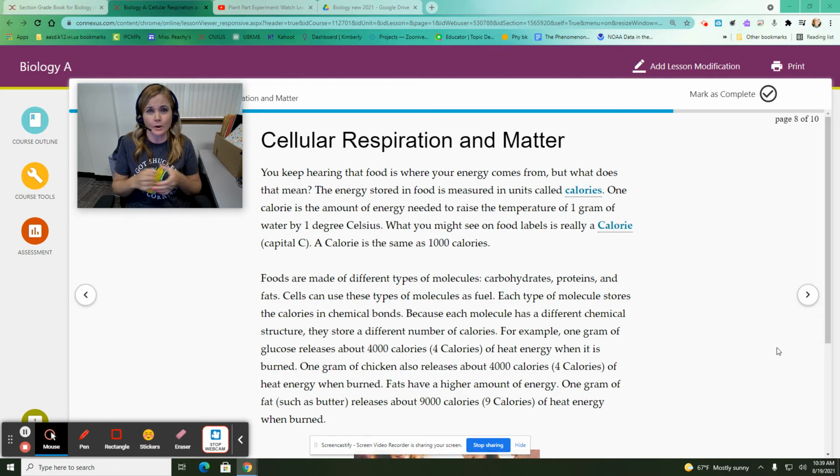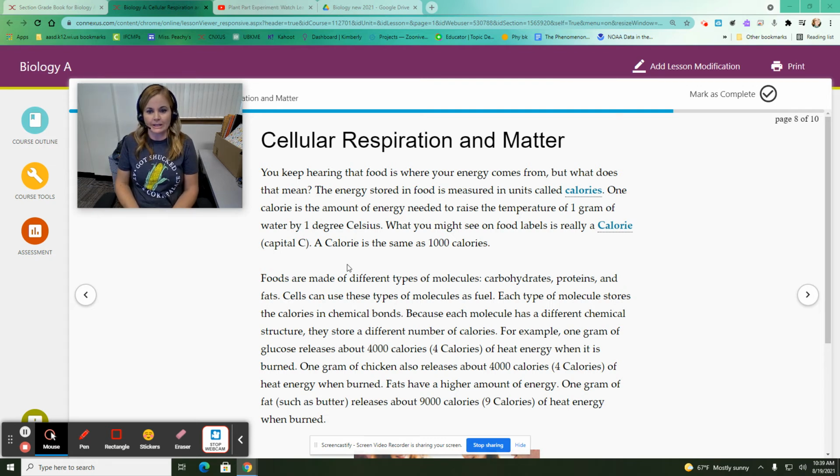So heat is just one way in which we can detect energy, right? We're familiar with that. The calories you see on your food are not little lowercase c calories. They're actually capital C calories. So a calorie in your food is actually equal to 1,000 of those little calories.